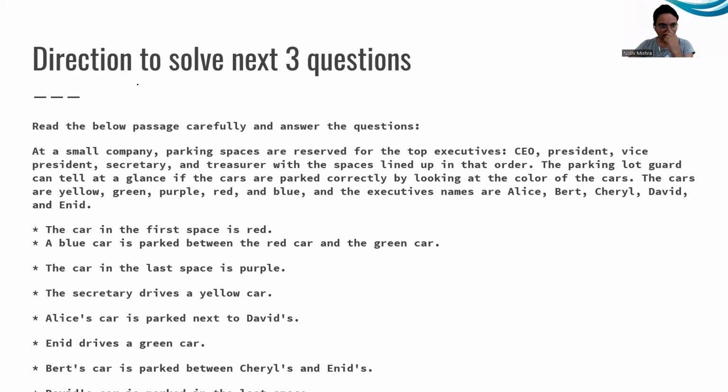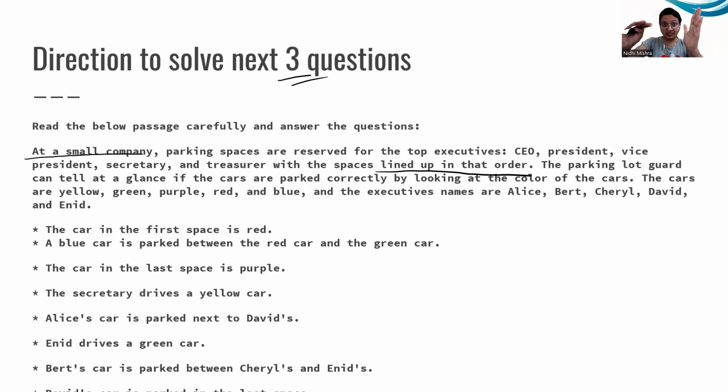Now let's see this question. Directions to solve the next three questions. Read the passage below carefully and answer the questions. At a small company, parking spaces are reserved for the top executives: CEO, president, vice president, secretary, and treasurer, with the spaces lined up in that order. What do you understand from this?